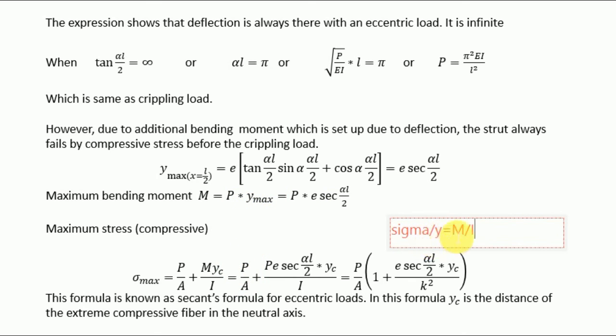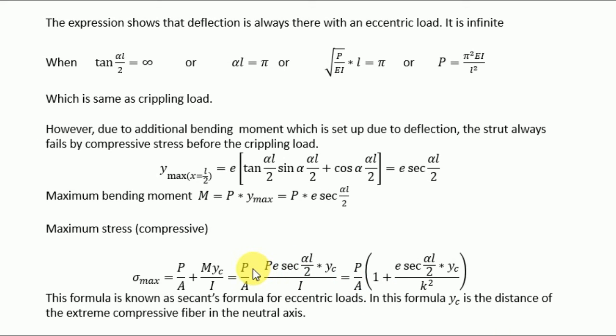So sigma is equal to M y upon I, where y is at the critical section. We put the value of M, the bending moment, which is P e sec alpha L upon 2, and we take out the common factor P upon A from these two terms.